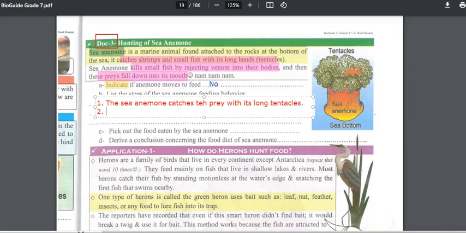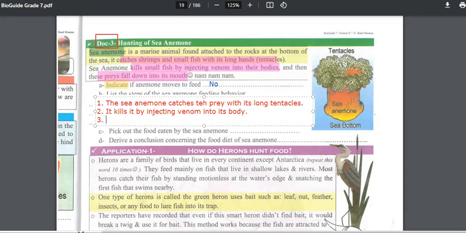Second, it kills it by injecting venom into its body. I'm just picking out these steps from the given text, right? 3, the prey falls down into the sea anemone's mouth. These 3 steps build the feeding behavior of the sea anemone.